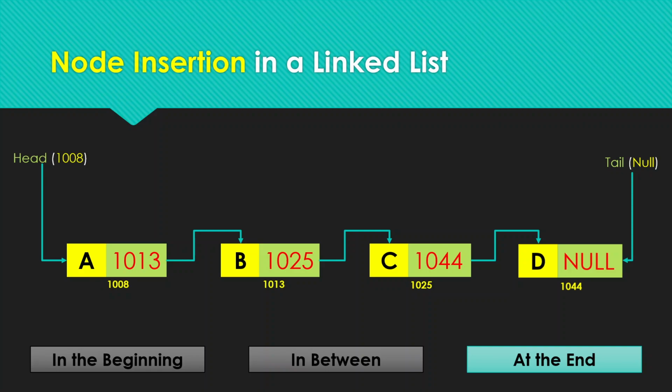So again, for a recap, in order to add a node at the end of the linked list, you have to traverse to the end, then change the next pointer of the node at the end to point at the new node. So this operation, what's the time complexity?